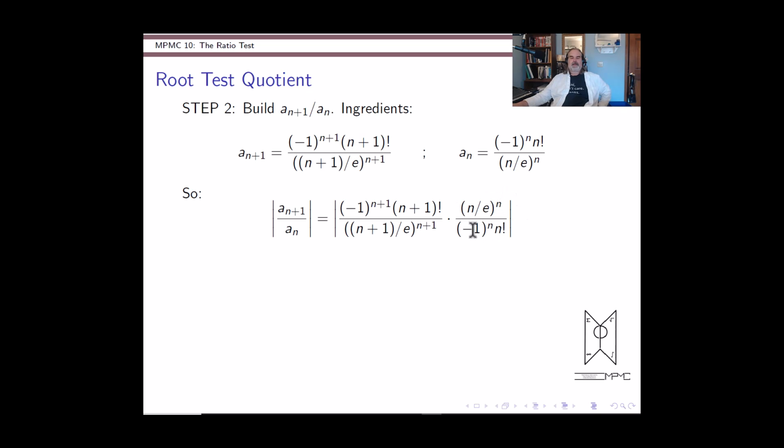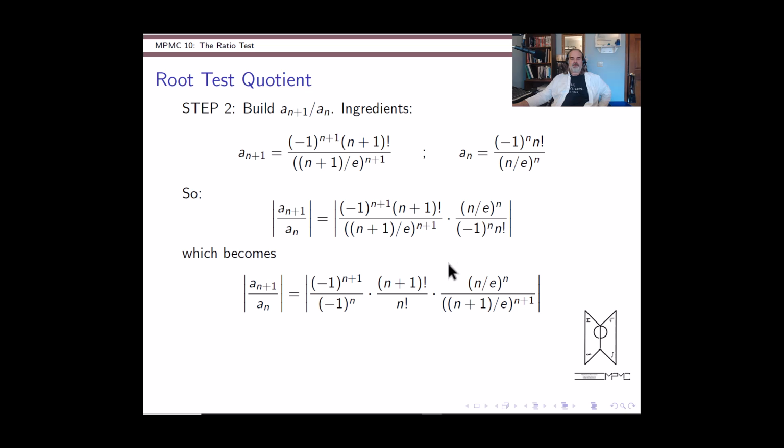All right, now I'm going to start pushing things around left to right to group things together that look like they go together, such as the powers of -1, the factorials, and all the other junk with the e's. Okay, and again, it's all just multiplication, so I am allowed to reorder my multiplication and my division as long as I do it correctly.